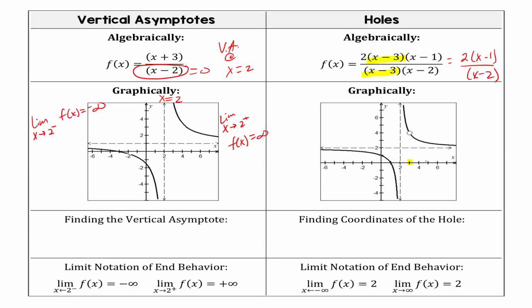Makes sense? Okay, so to find the exact value of that hole, you're going to plug it into the simplified form, what you're left with. So if I'm looking for f of 3, I'm plugging it into the simplified.